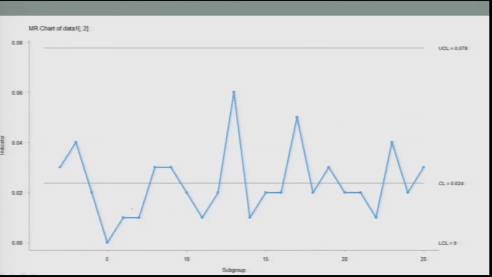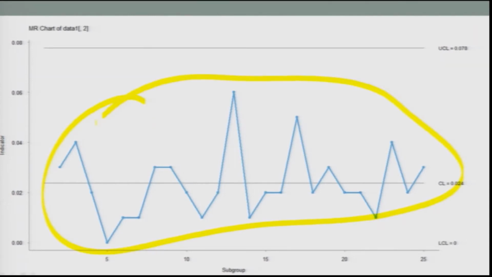Then you find the differences of the ranges, and the ranges are given in this way. The central line is 0.024 based on the calculation. The upper control value is 0.078 and the lower control value is 0. So, you have the overall chart for each and every moving range value like this.